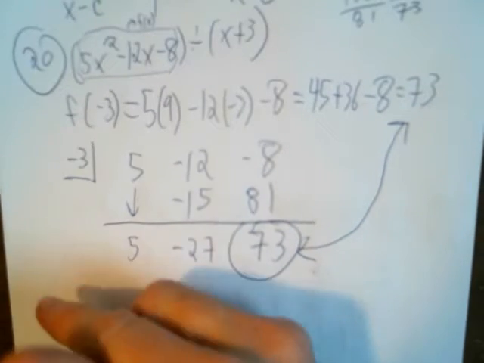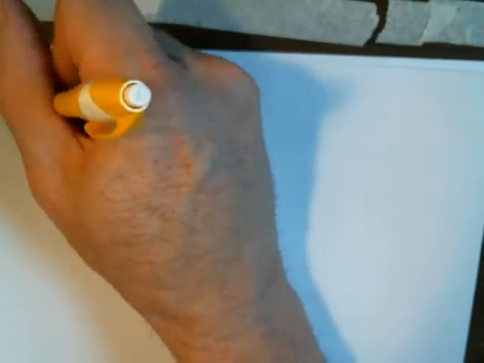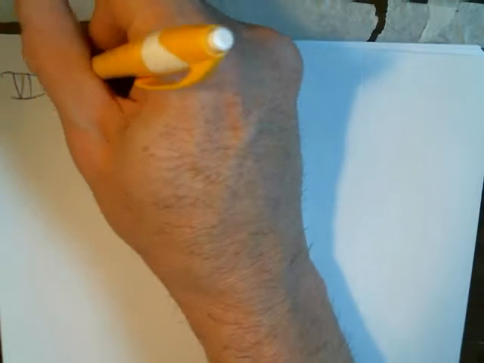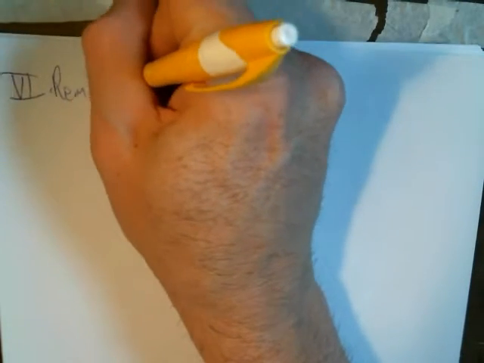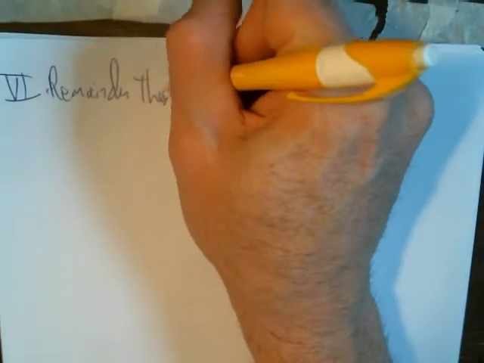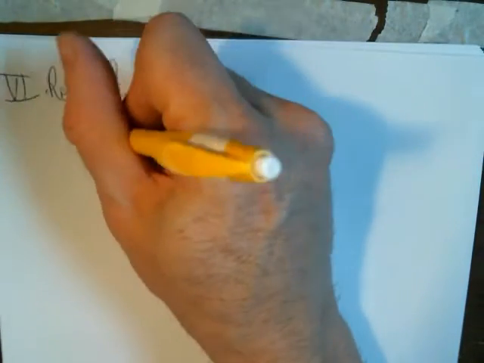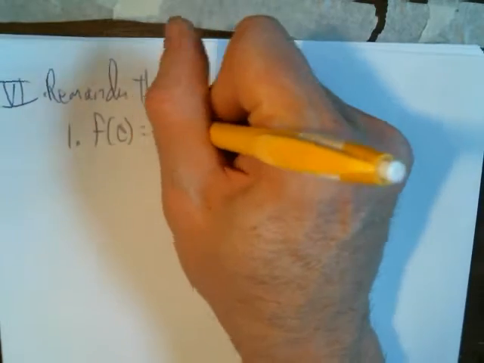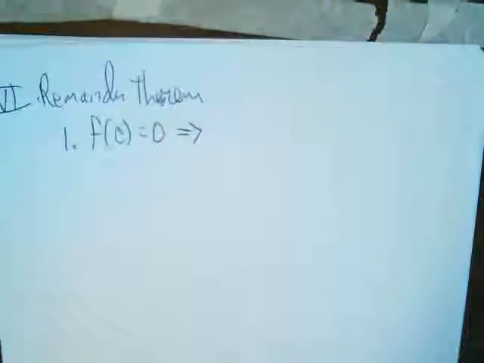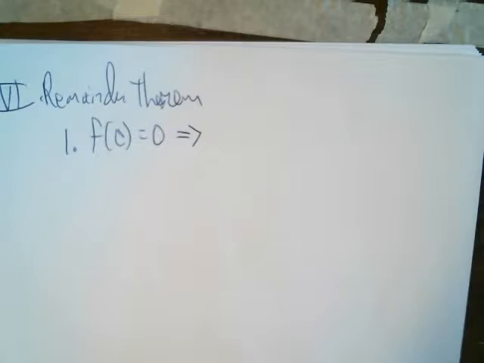The next theorem is the factor theorem. So this says if f of c equals 0, then there's really no remainder when you do division, right?